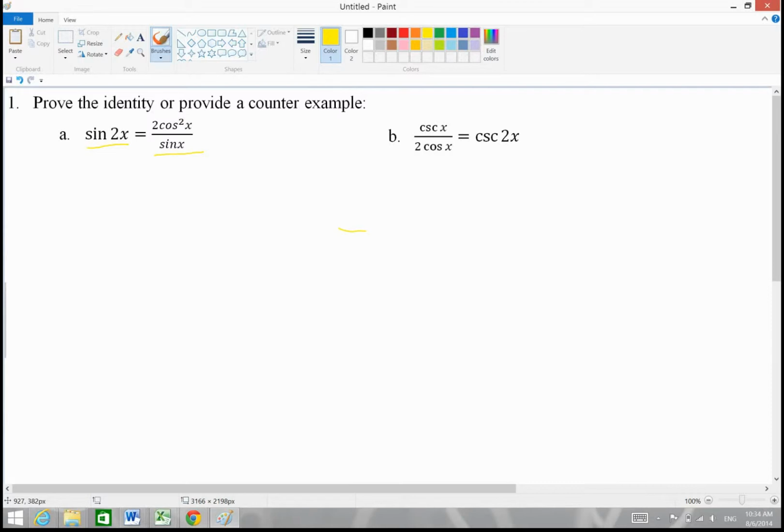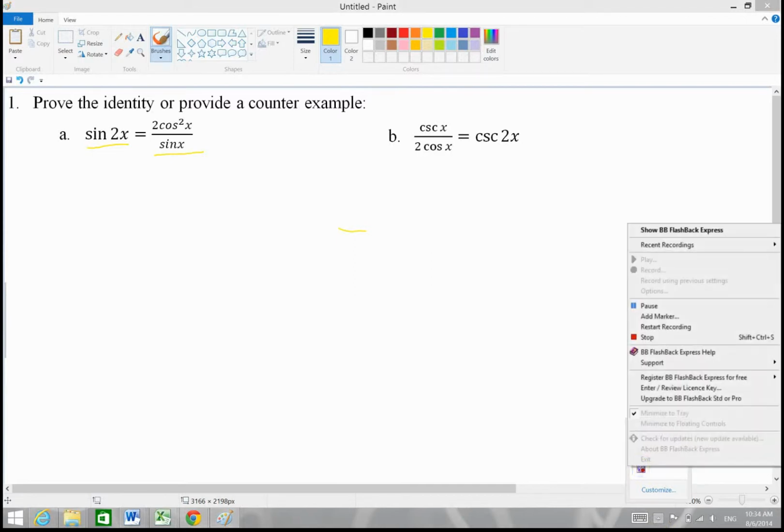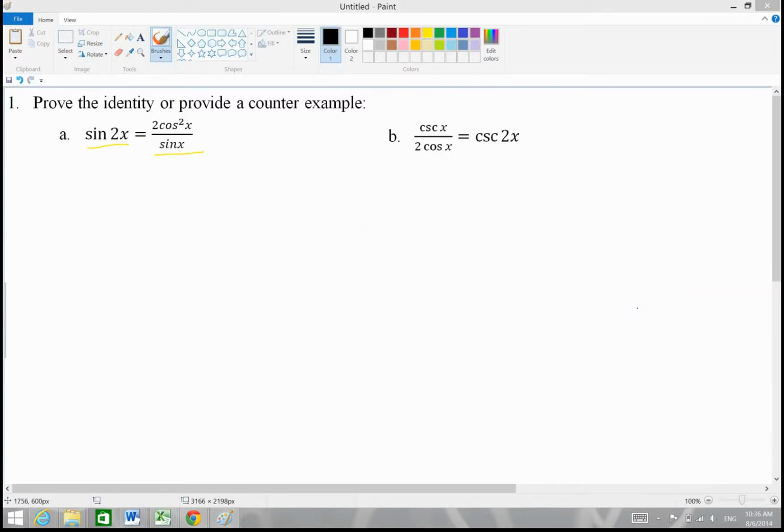What's a value where it fails? So we need a value where it fails. Let x equal 0.